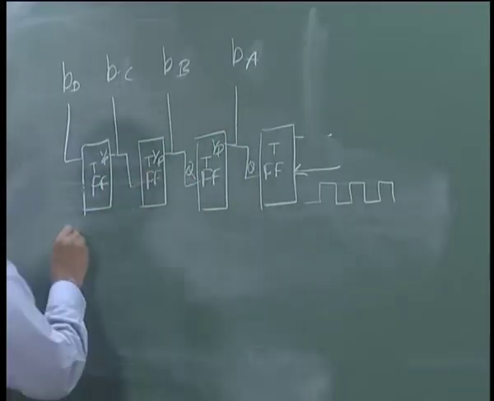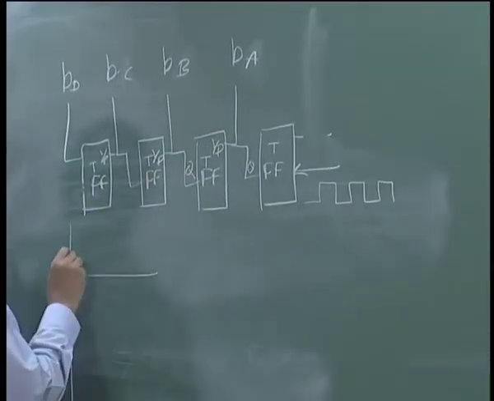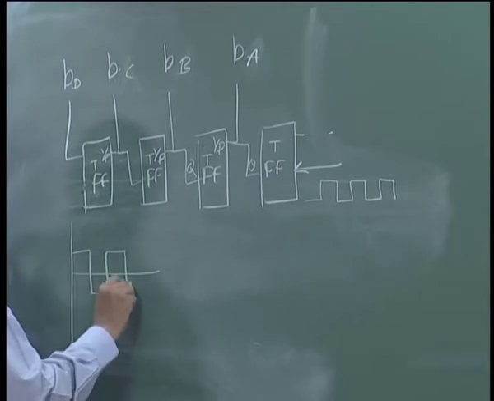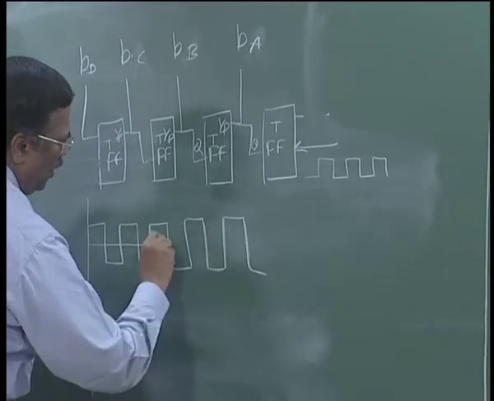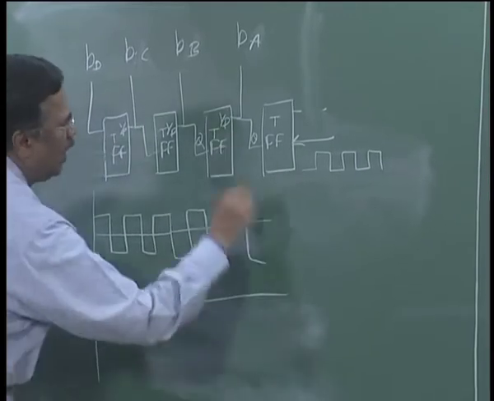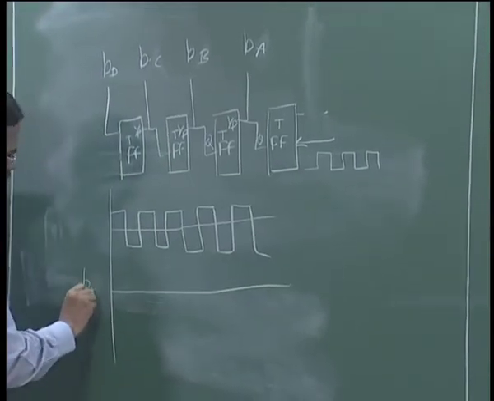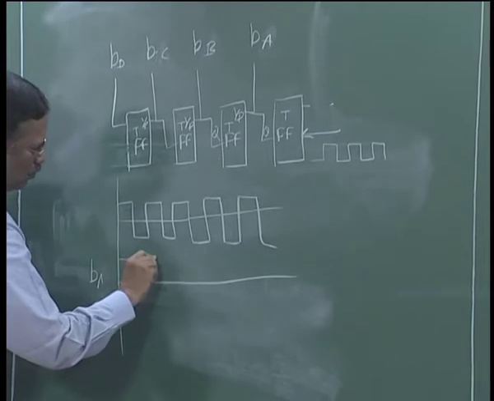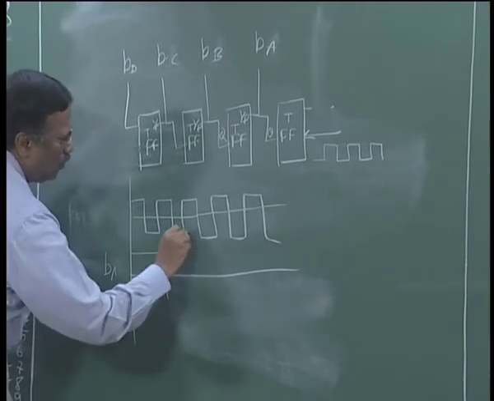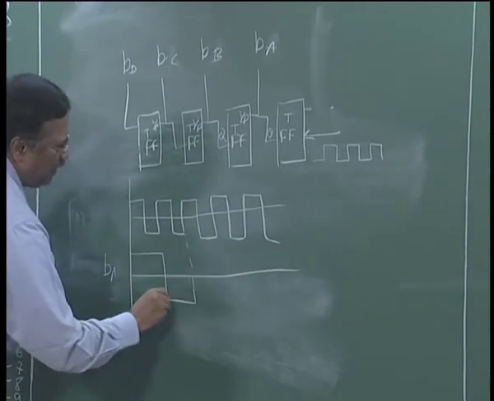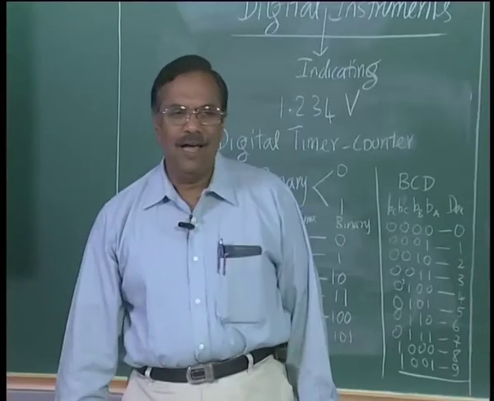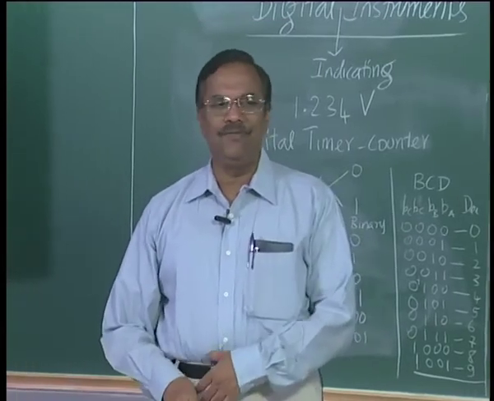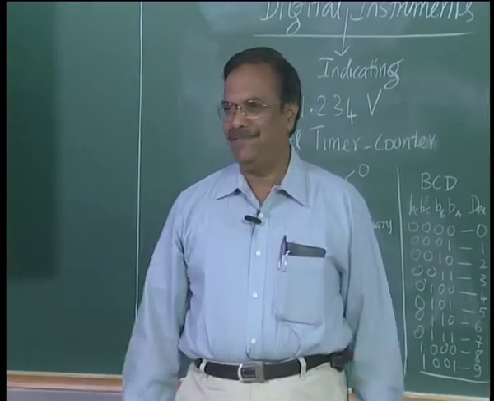This is my input. At this point B A would toggle for every period of the input, assuming that my toggle T flip flop is rising edge sensitive.